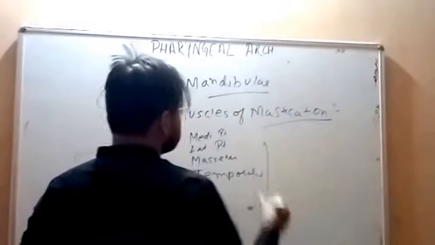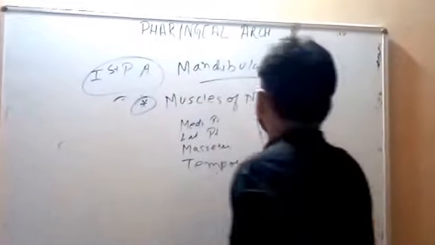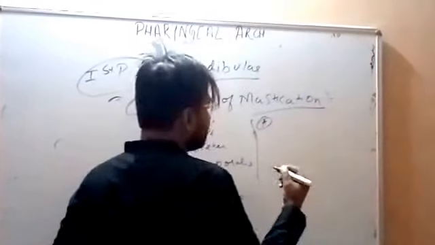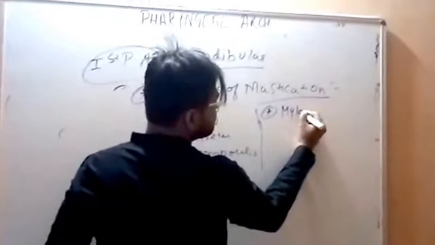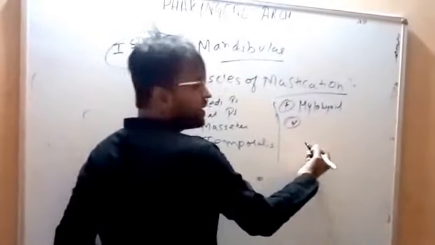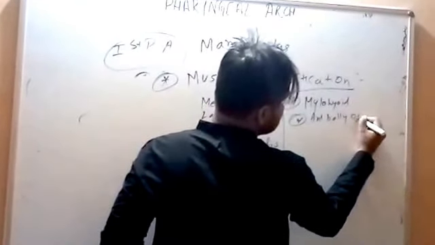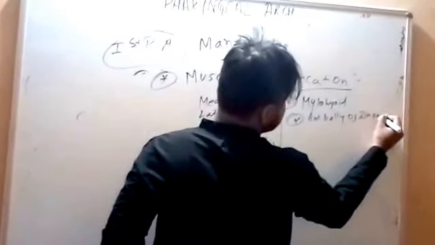This you can see in your books. Then apart from muscles of mastication, what does it also have? It comprises mylohyoid muscle. Apart from mylohyoid, anterior belly of digastric.